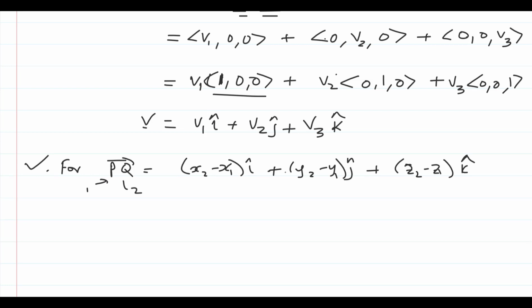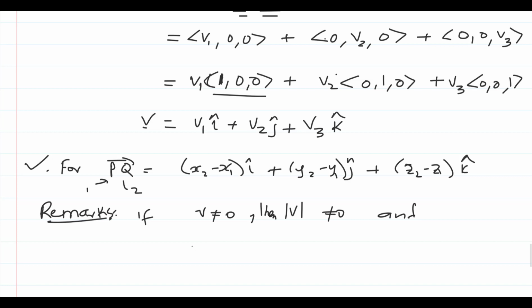Okay. Maybe another property we need to look at, just some general remarks. If v is not equal to 0, then its length is also not equal to 0, and you can show the following.